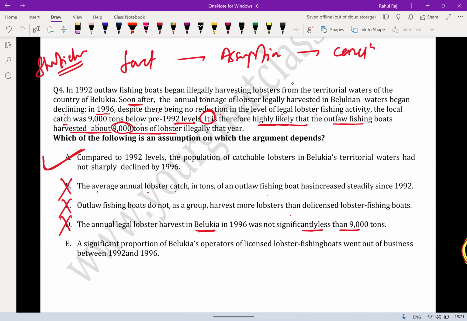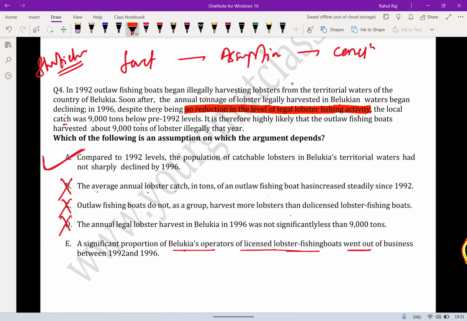E says a significant proportion of Belokia's operators of licensed lobster fishing boats went out of business. Check over here: there has been no reduction in the level of legal lobster fishing activity. What do you mean by this?